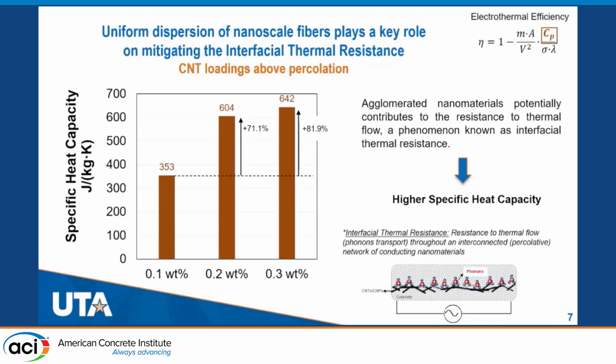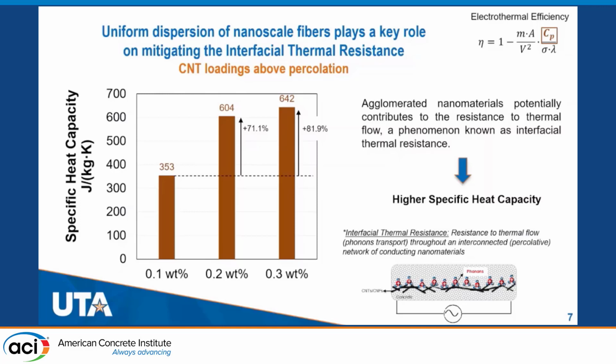So, in other words, a uniform dispersion of the carbon nanotubes plays a key role in mitigating the specific heat capacity values. So we can increase the thermal conductivity. And this relies on the so-called interfacial thermal resistance.